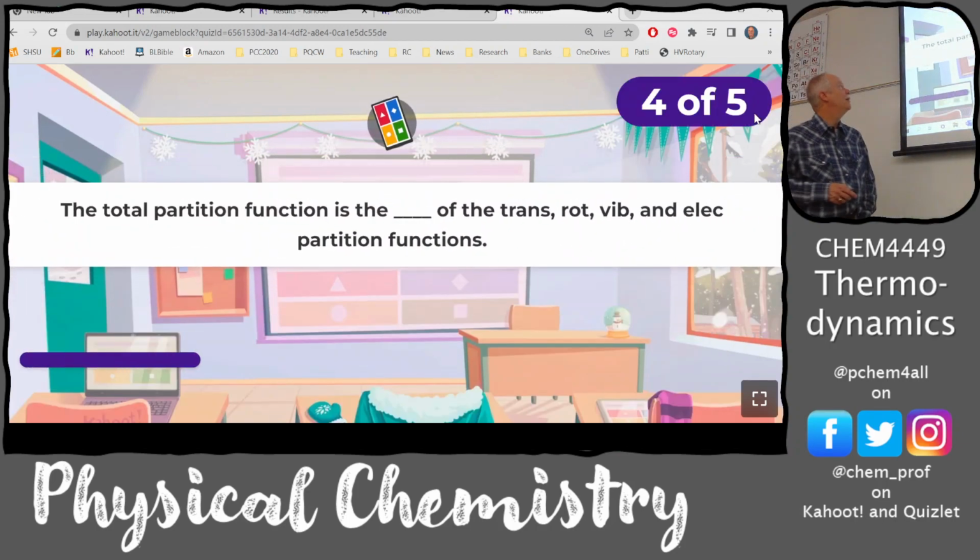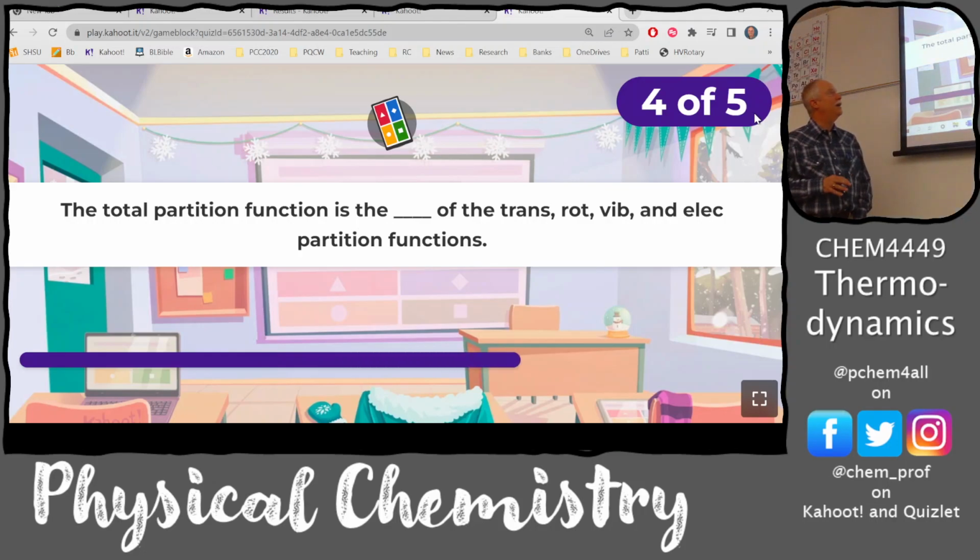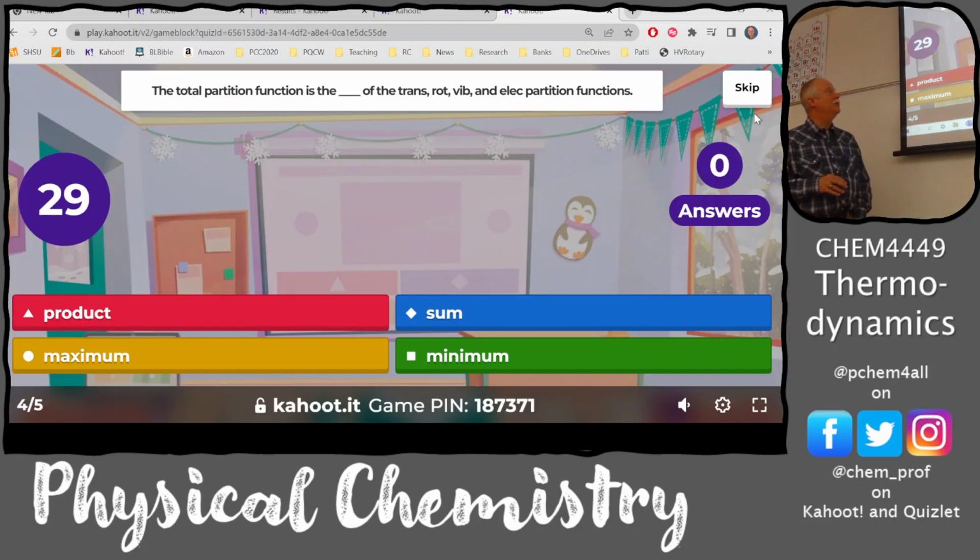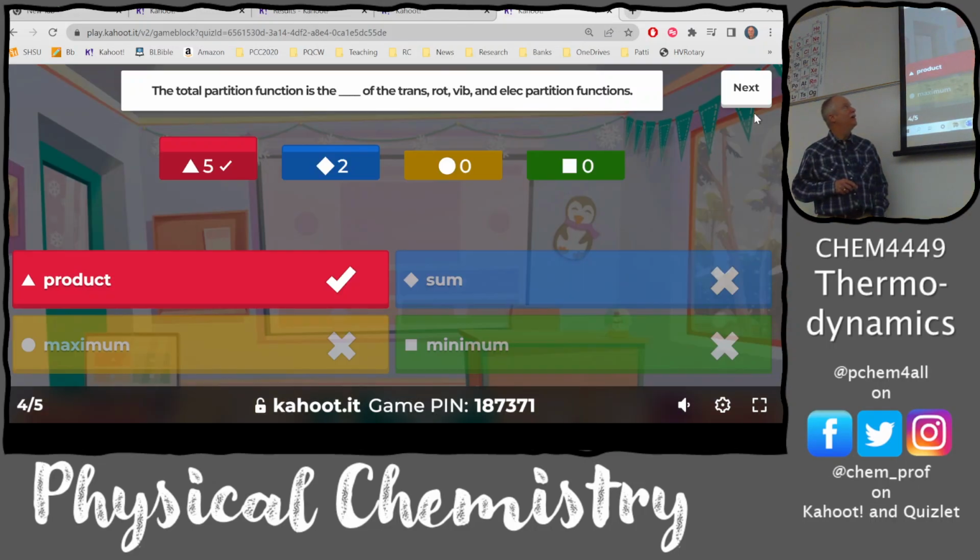Number 4, the total partition function is the blank of the trans, rho, vibe, and electronic partition functions. All right, the majority got it right. Here it's the product. So it's Q vibe times Q rho and so on. And even in the individual pieces. Now, what's the total energy by contrast? So this is the partition function, not the energy.